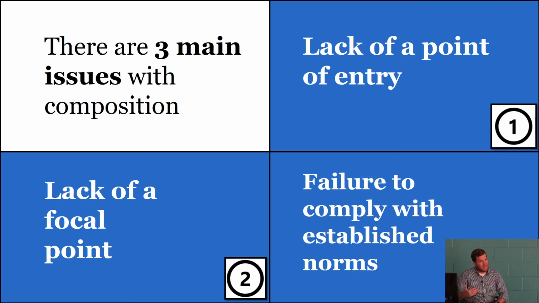With that same slide, if everything is the focal point, then nothing is the focal point, right? And then a failure to comply with established norms. That's the whole left to right, top to bottom. There's a certain way that we expect things to be presented to us, so we want to stay within those expected norms and not do things that break those norms.